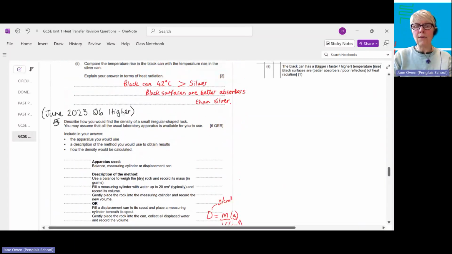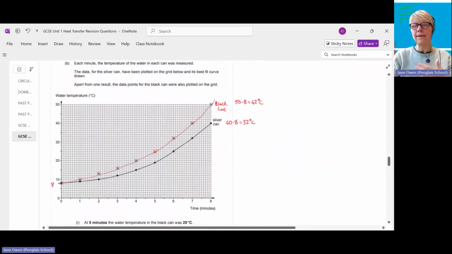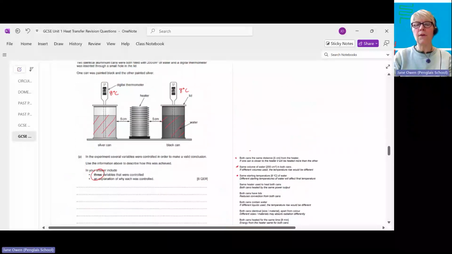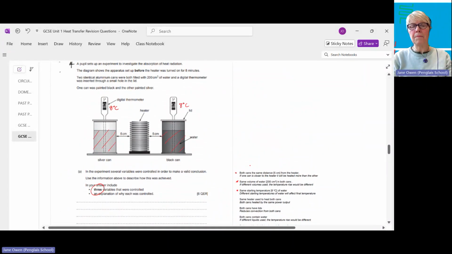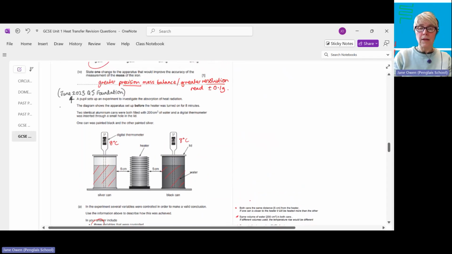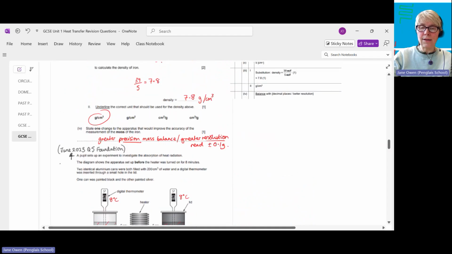And then in radiation, you're looking at black and silver. Black surfaces are good absorbers, and they are good emitters. And silver surfaces are poor absorbers and poor emitters, but they are good at reflecting the radiated heat energy.